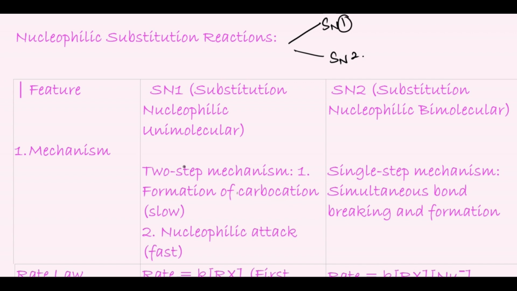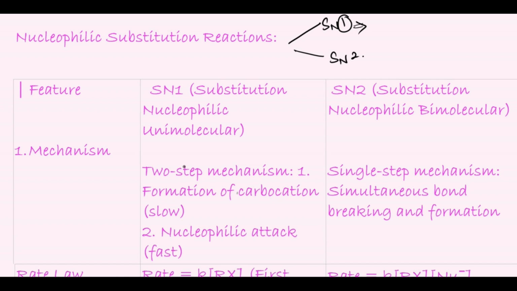SN1, as the name indicates, is a nucleophilic substitution unimolecular. Unimolecular means in the rate law or rate determining step, only one molecule is involved. In a substitution, we do have a reactant and a nucleophile, right?